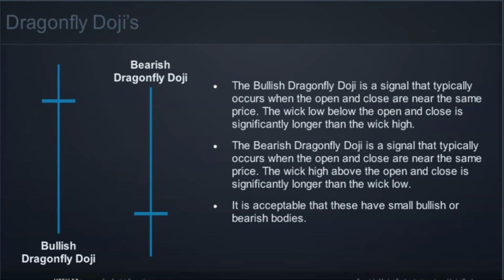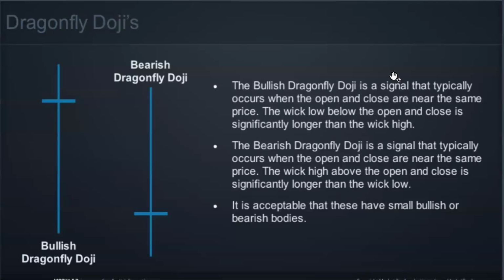If you look at the opening price and the closing price, they are very close. But if you look at the wick to the up and the down, for the bullish dragonfly, the wick to the down is 3 times more than what we have to the up. Same thing for the bearish. The wick to the up is 3 times more than what you have on the downside. So it's very important.